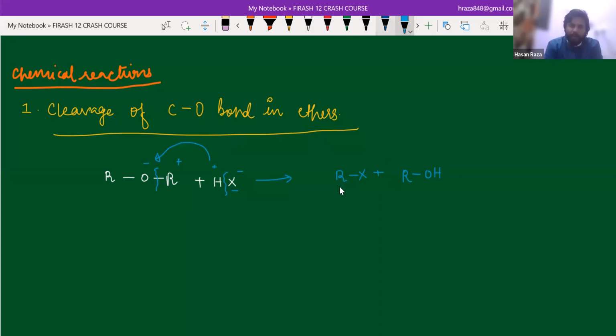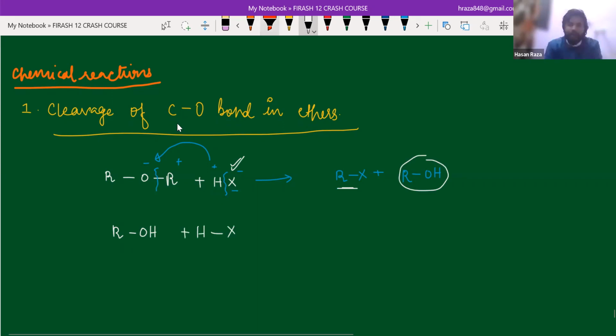And if you are having this RX, again you can react this alcohol. If you have HX in excess, then you can react it again, since we are studying the cleavage of the C-O bond. So negative and then positive and then negative. This positive will go with this, and it will form H2O.